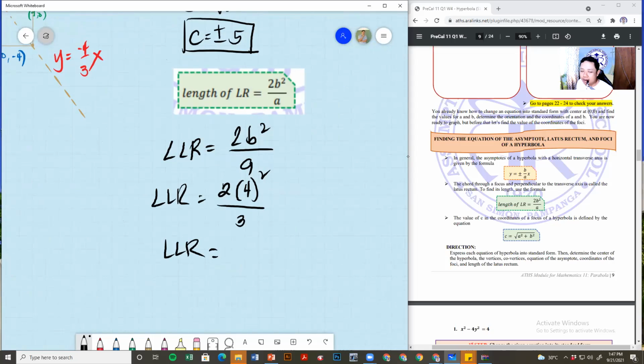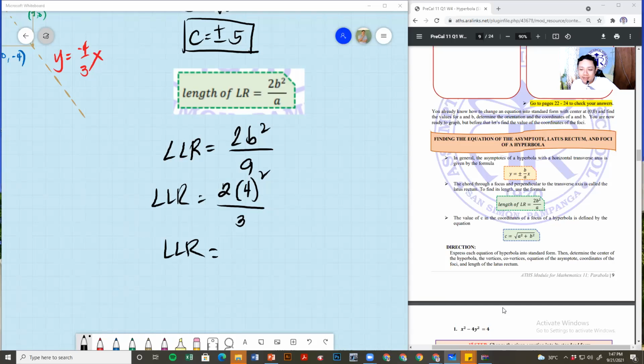Type the answer in the chat box. Solve with me. What is the answer? 10.67? 32?